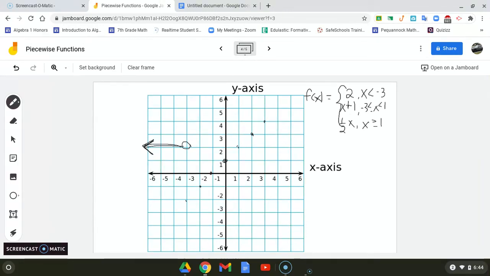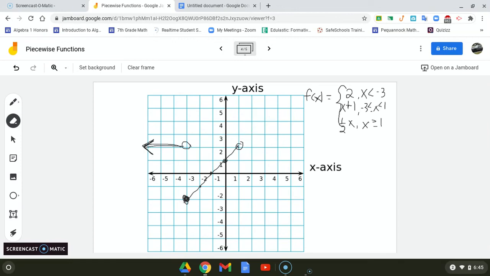Okay, but this value is only valid for us between 1 and -3. So I only really need this part from 1 to -3. Okay, and if we look at it, the -3 side gets a filled in circle, and the 1 side gets an open circle. And let's get rid of these points because we don't need them.